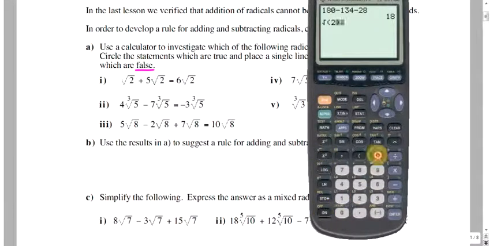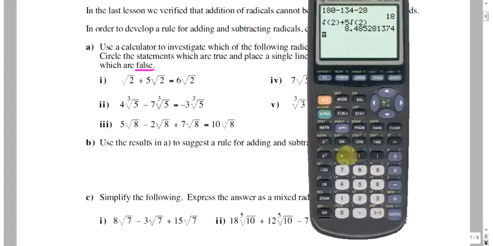Root 2 plus 5 root 2 is 8.48 something something, goes on forever and ever, because that's an irrational number. Any square root that's not a perfect square is going to be an irrational number.